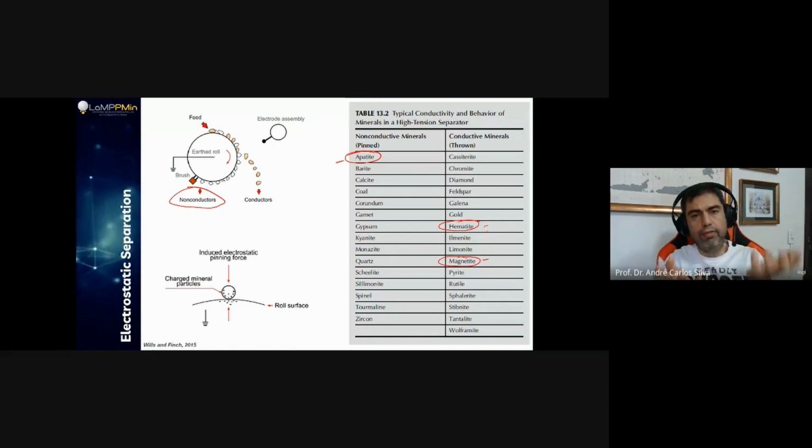If I try to concentrate coarse particles, I end up having mixed particles. If I try to increase the liberation of the particles, then I end up having fine particles. Then I have to find the missing link, or I have to find a particle size that we can actually use these machines, or I can go straight to the fine particles and develop new machines. Okay.